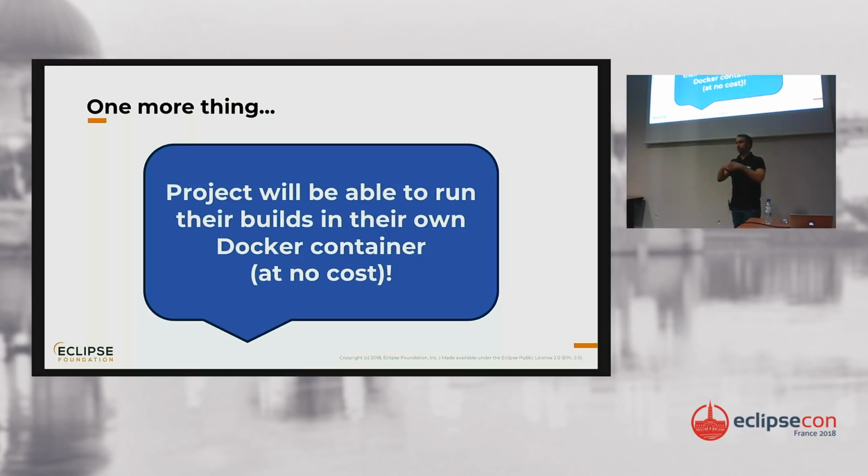You will be able to define your own Dockerfile somewhere, build it on Jenkins or not, publish it to Docker Hub, for instance, and then use this Docker image to run your build. So again, it will give us a lot of free time because we won't have to be the gatekeeper for installing new versions of Maven, new versions of Java, stuff like that. You will do that for your project and you will deal with it because you know better which version you need.